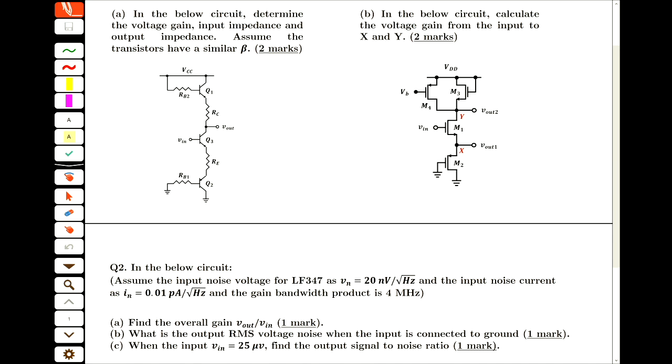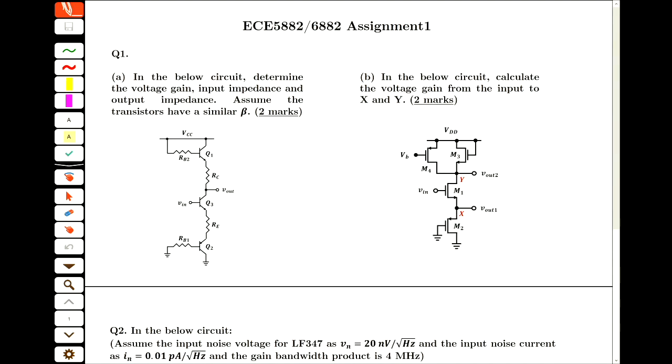Okay, so for assignment one, in the first question, in part A, we were asked to find the voltage gain, the input impedance, and the output impedance.